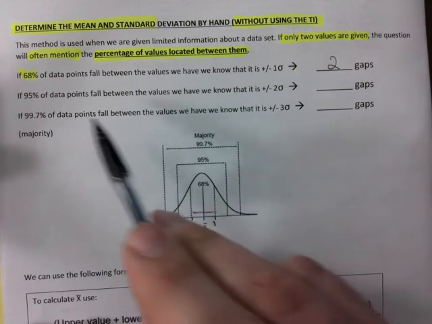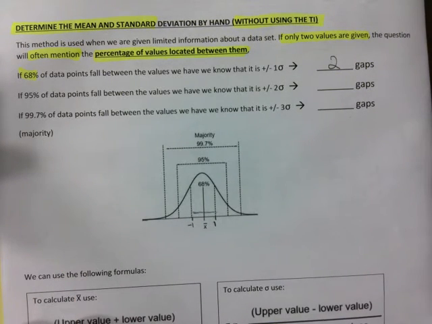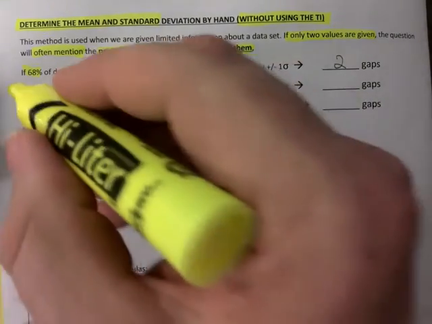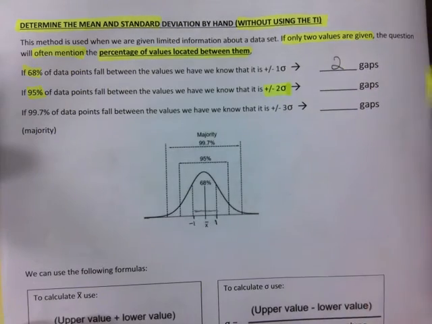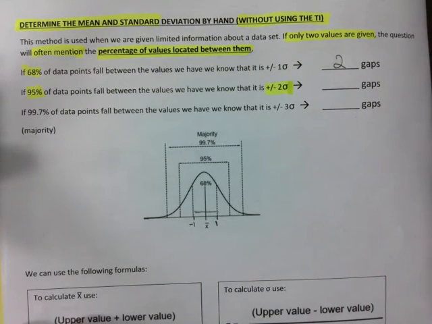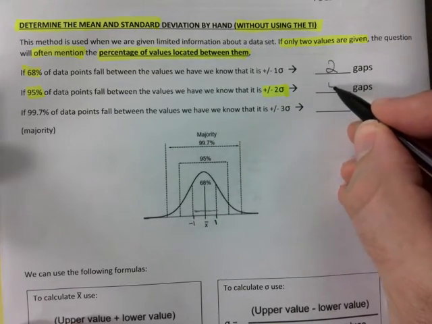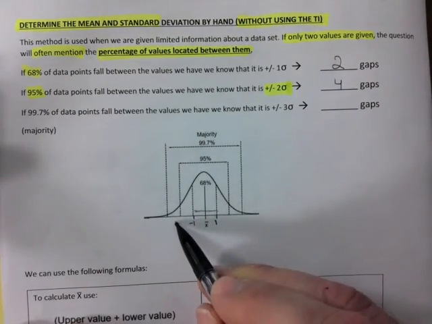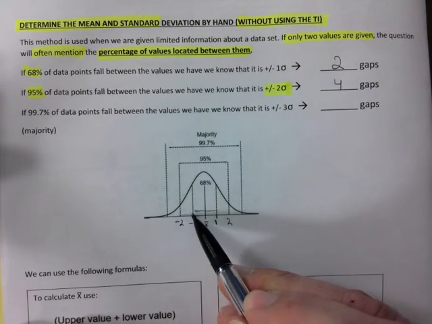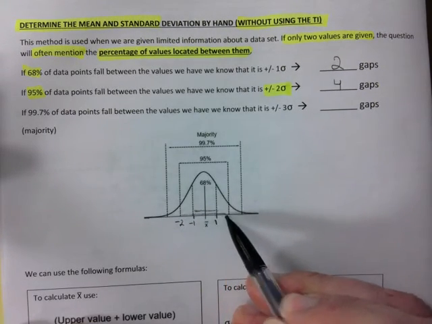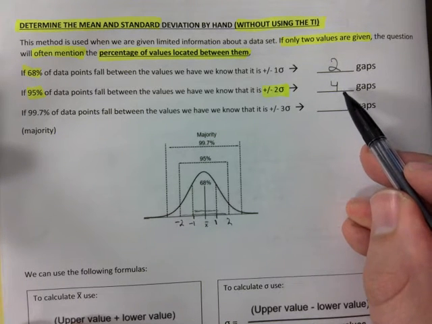Okay. If it mentions that 95% of data points fall between the values, right? If it's 95%, you should know that it's plus or minus 2 standard deviations. So how many gaps will be in between those two values? 4 gaps. Because if you think about it, -2 and +2, if you count the number of gaps in between them, there are 4 gaps, 4 standard deviations.